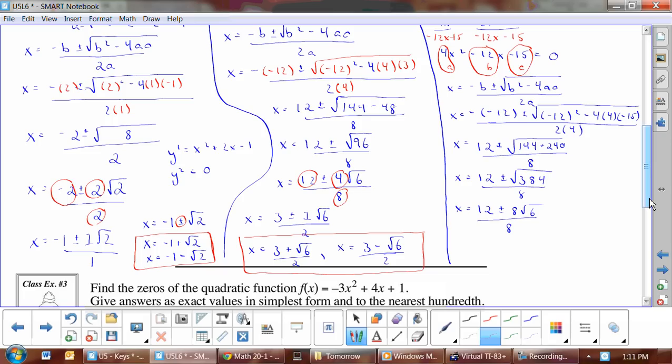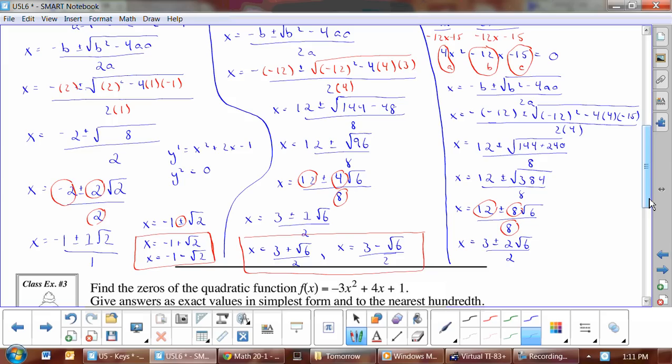And so we have that common factor that we can divide out. So Sam, would you like to, I know you're bursting. You got it. So we can divide each of these by 4. So we get x is equal to 3 plus or minus 2 square root of 6 all over 2.